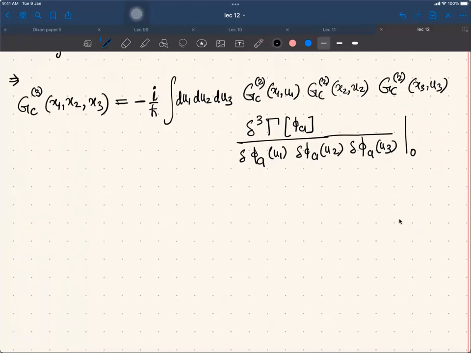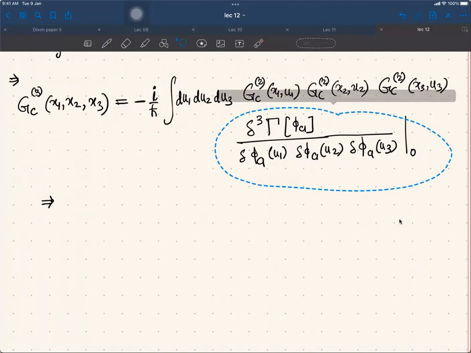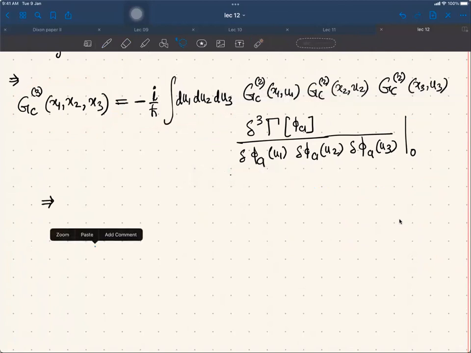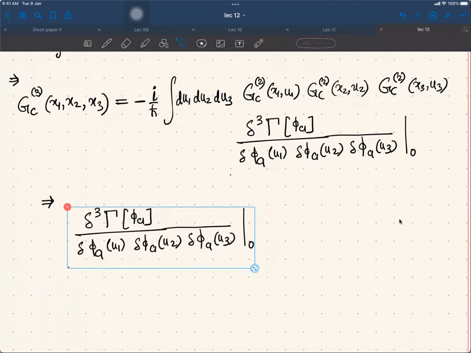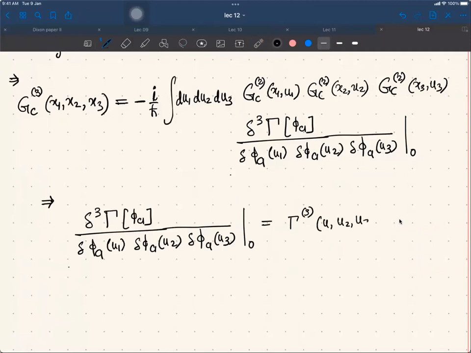But we already know from our previous analysis that when the connected Green's function is written in this way, then this factor is precisely what gamma 3 is. So this implies that this object is equal to gamma 3 u1 u2 u3.